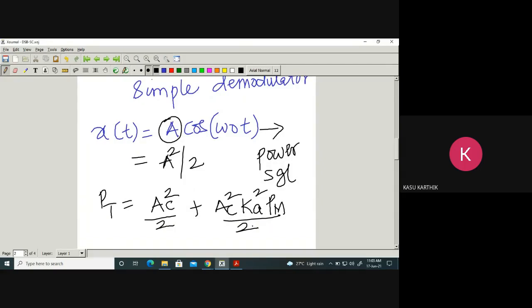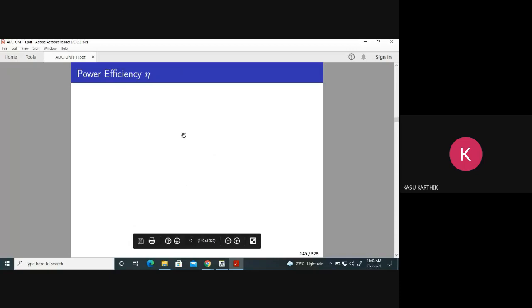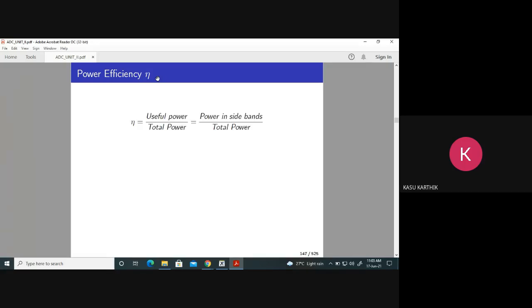Now, here we have something called power efficiency. How is it defined? Power efficiency equals useful power by total power. It is the ratio of useful power to the total power. But what is useful power?